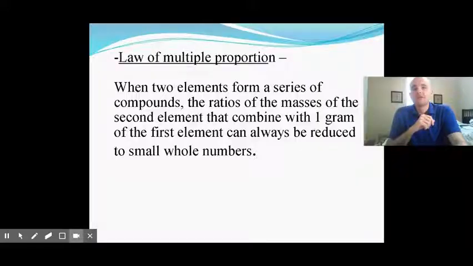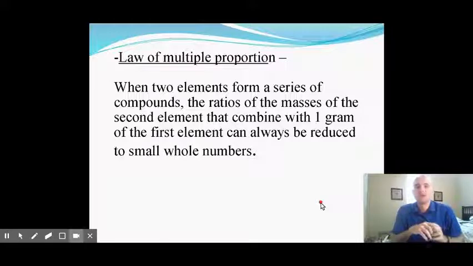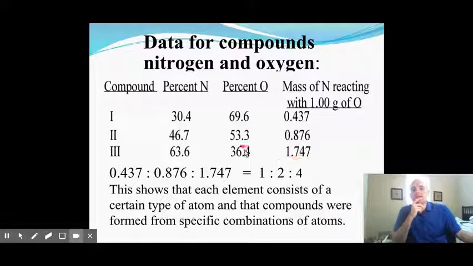The law of multiple proportions is also very, very important, and it can only be reduced in whole numbers. Here's an example. When we look at 3 different compounds, and we have our percents of nitrogen and our percents of oxygen, all taken quantitatively, and then we divide this number by this number, we end up with this number here.